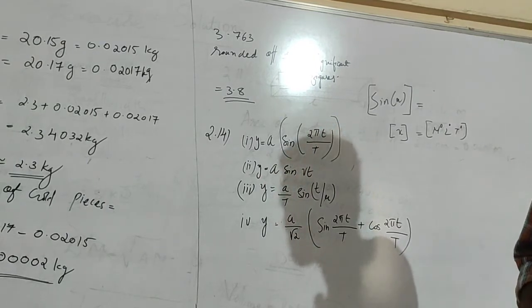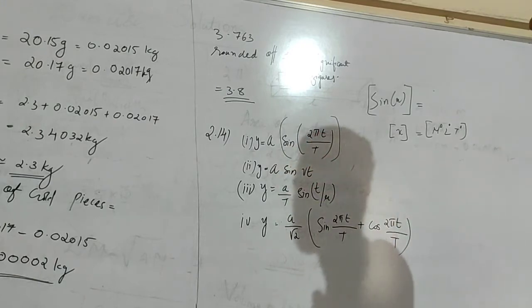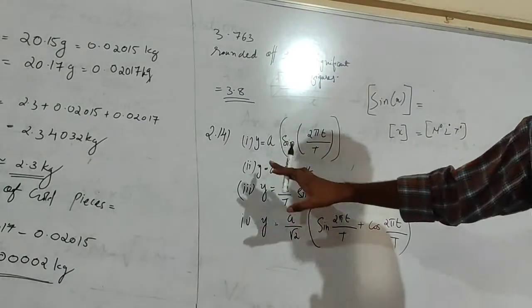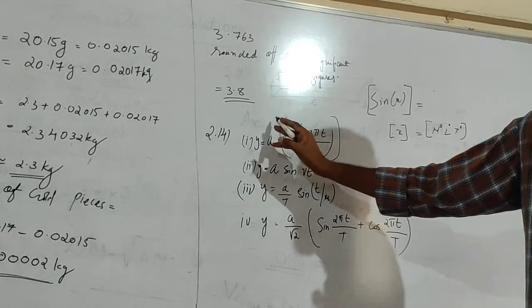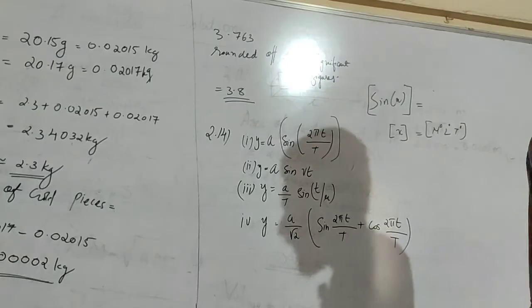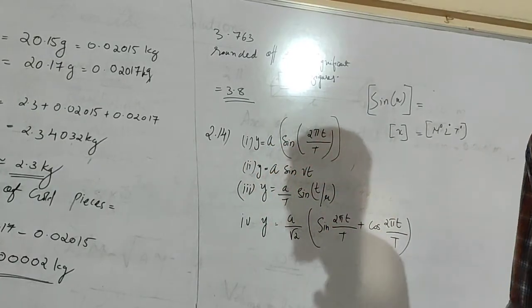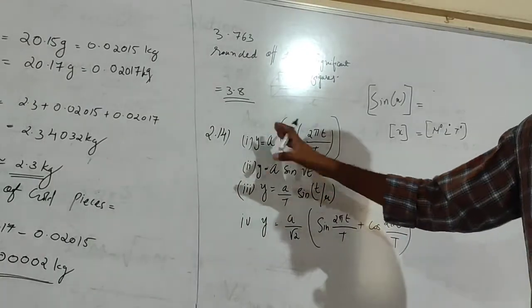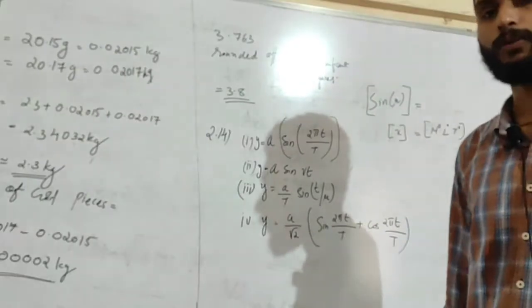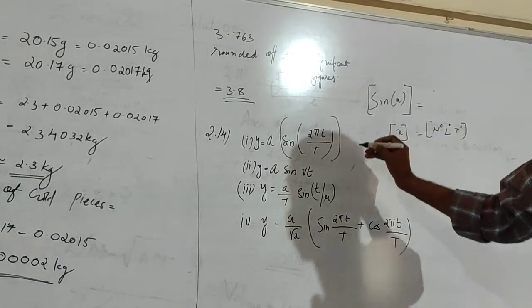So, there are no dimensions for the trigonometric argument. Now, let us come to a. The dimension of a is L, and on the left hand side it is L as well. If you consider the total equation, left hand side and right hand side, the dimension formula is the same. So, the first equation is true.